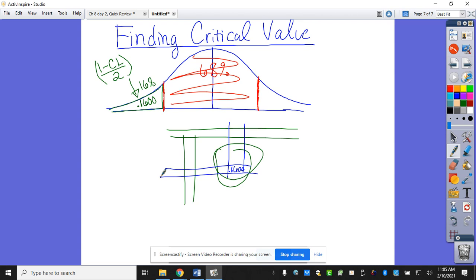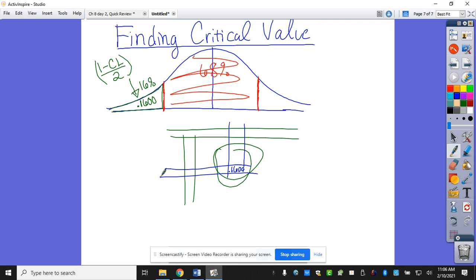It's easy for me to talk through if I have it in front of me. So the closest, we've got 0.1611, is that my closest one?